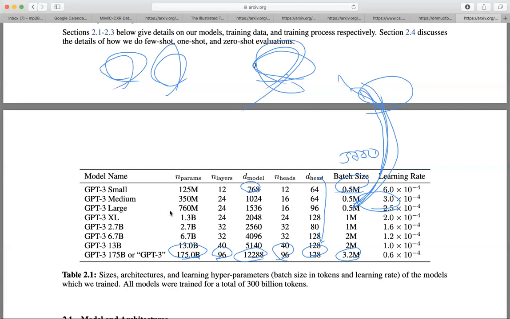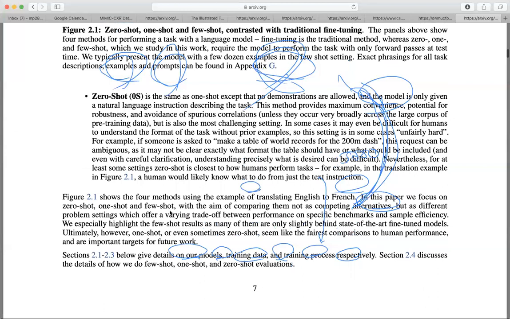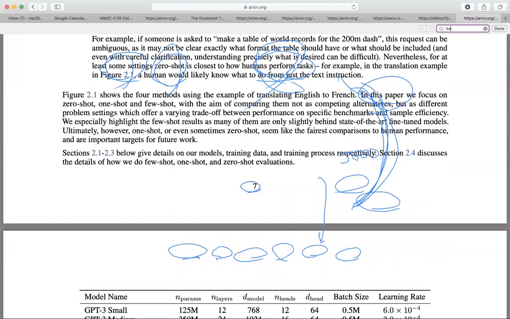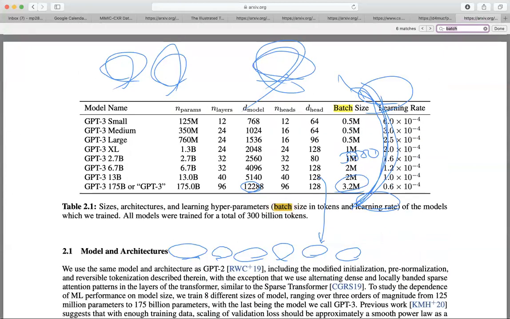What does that mean? Does it mean 500,000 tokens? I think, yeah, that should make sense. When they say batch size, they probably mean the number of tokens used per batch.